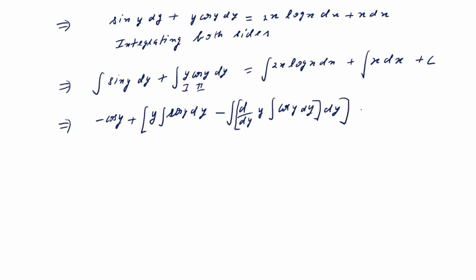So this is your answer. Here you have a 2, I am not going to integrate it right now. Log x dx, and this gives you x square by 2 plus c.